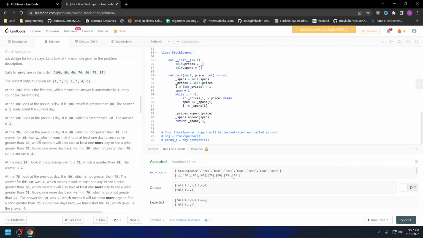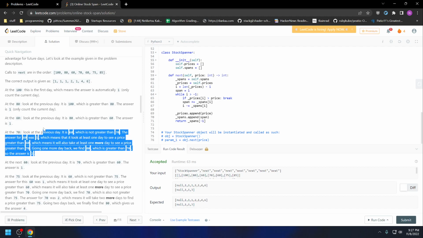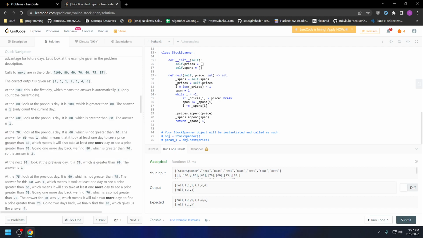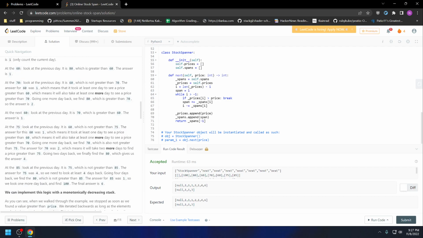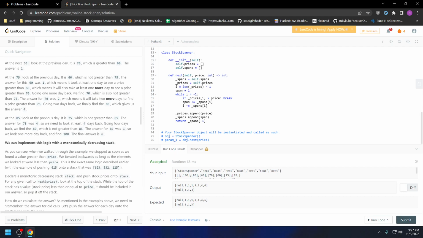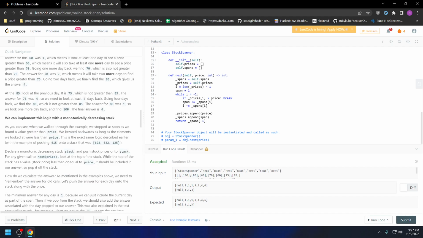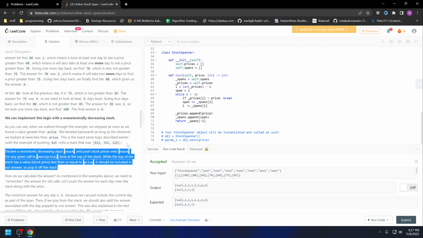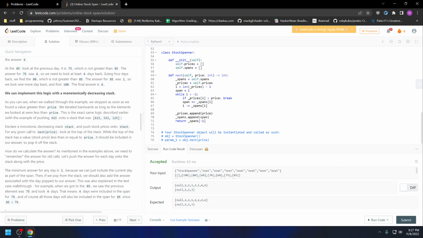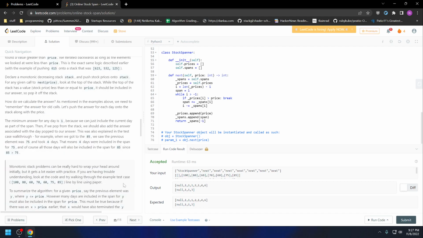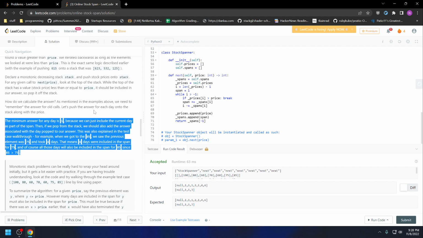Which is not great. The magic is at 85. Then if we pop from the stack, we should also add the answer associated with this.